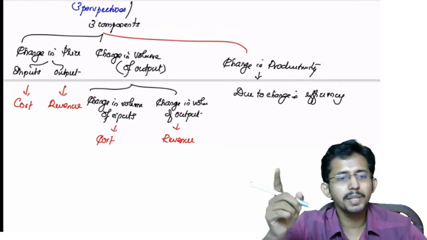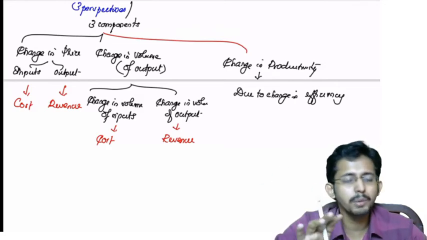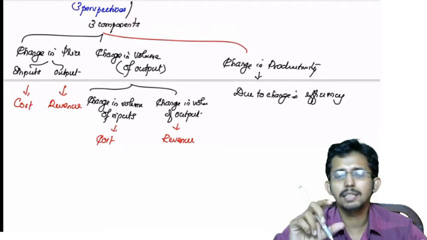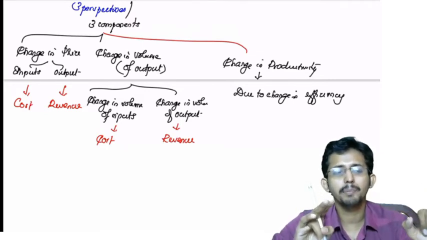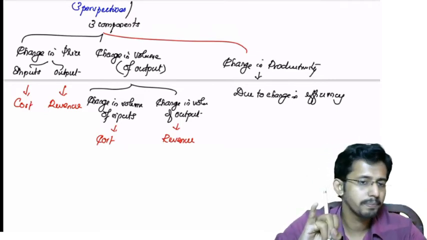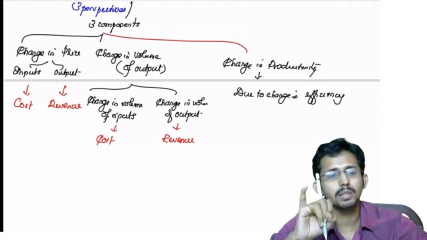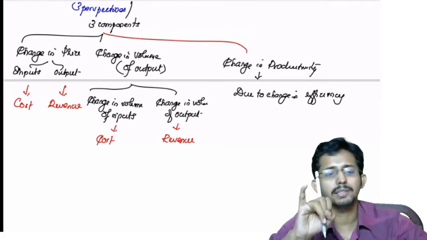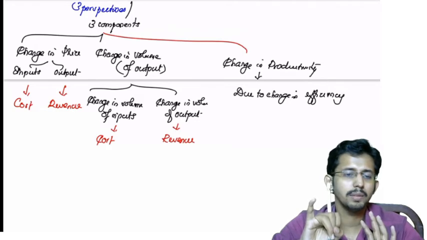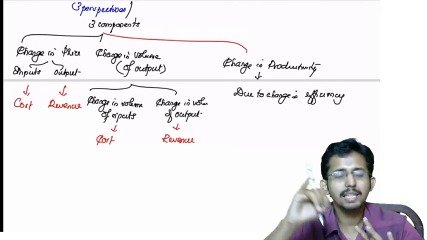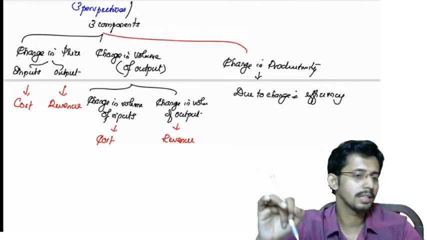Will it affect the revenue? No, revenue will not be affected, because revenue is dependent on two factors. One is the selling price and the other is sales volume. If there is any change in the sales price, then the revenue will change. If there is a change in the sales volume, the revenue will change.